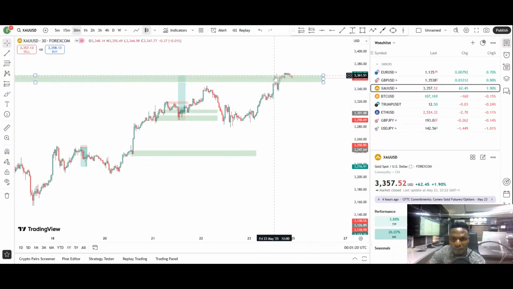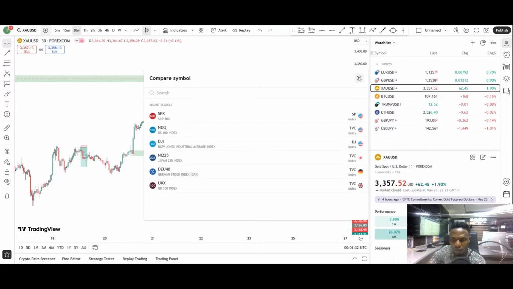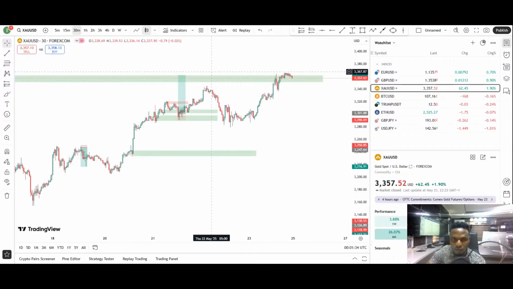immediately price entered this green candle here, immediately I saw it.